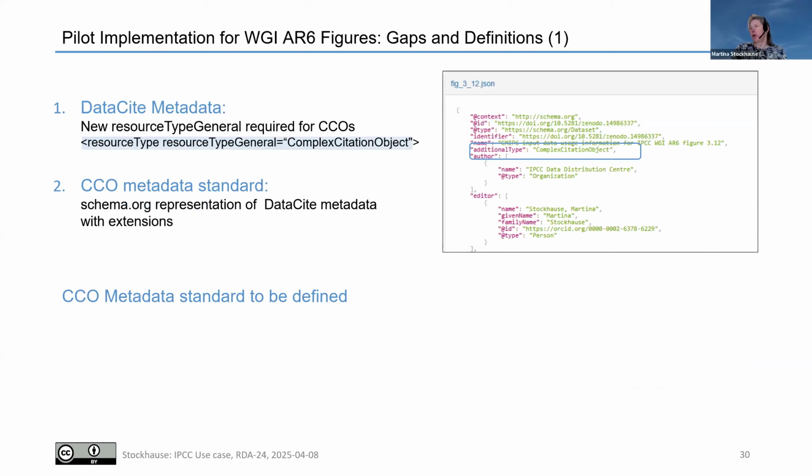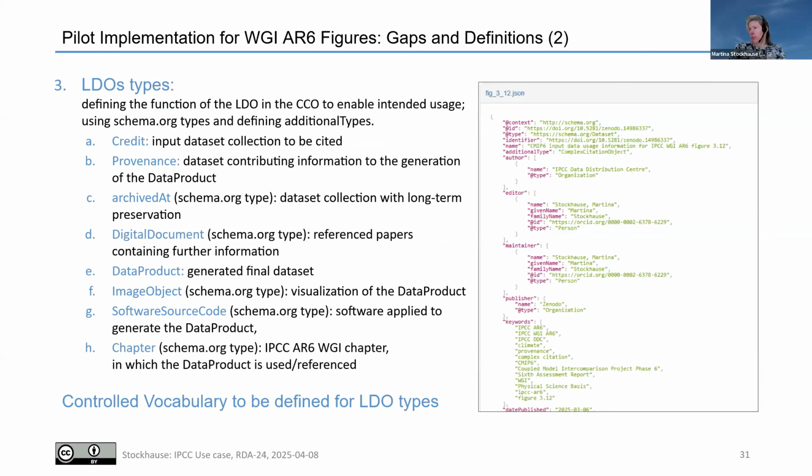We introduced that in the JSON-LD by using the additional type, to have information in this metadata about what this object is or should be. I already introduced the standard for the CCO, which we used. Second was the LDO types.